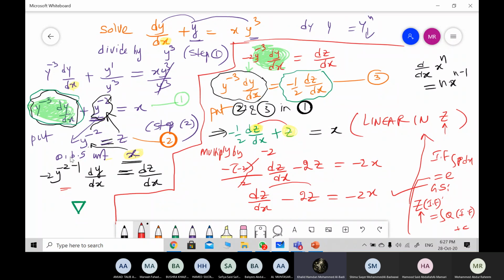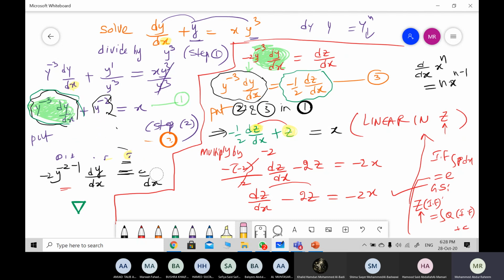Where has x gone? In equation 1, do you see the x on the right side? Yes, x is there. I think I did not understand something there. One minute, I will repeat this.